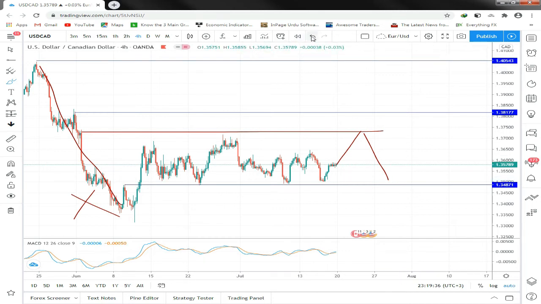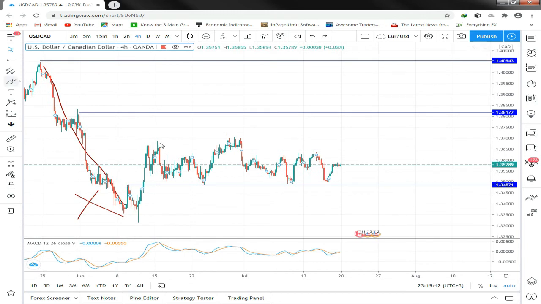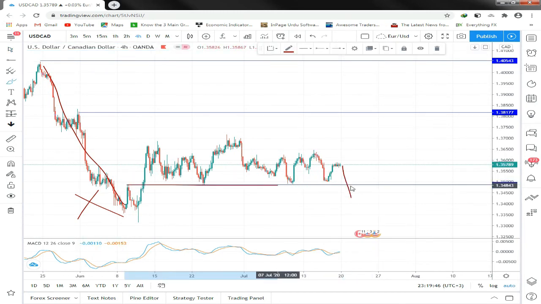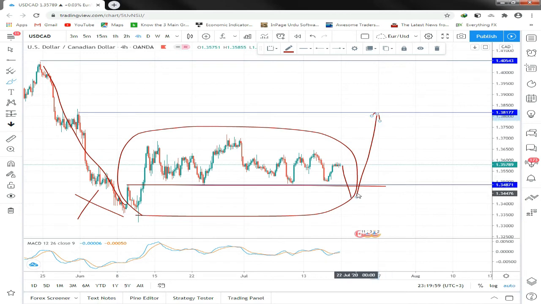Next week we might see some downward moves to break this area and change the overall buyers into sellers before going upwards.